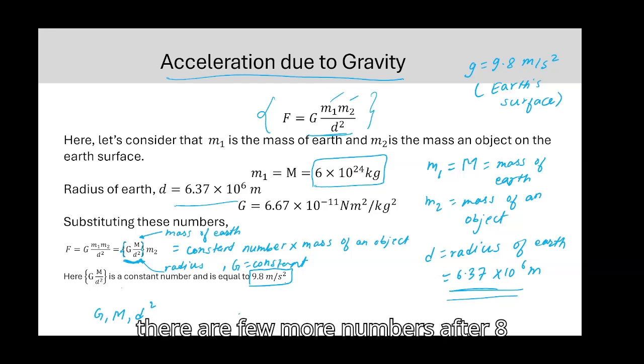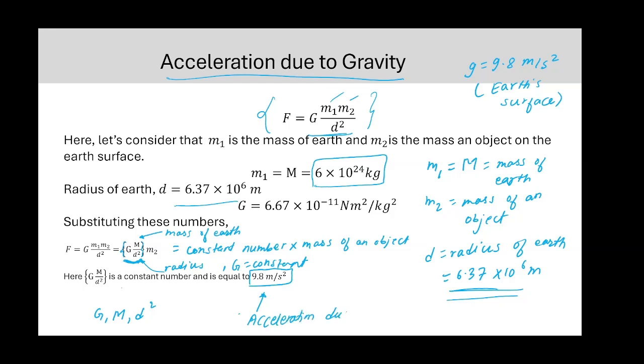There are a few more numbers after 8, but we will just approximate it to 9.8 meters per second squared. This is where we get our acceleration due to gravity.